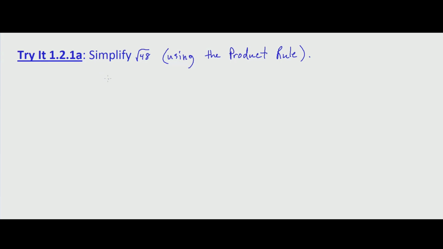So with the square root of 48, we can rewrite that as the product, looking at square roots and perfect squares. We know this is 16 times 3, and 16 is a perfect square, so this equals 16 times 3.